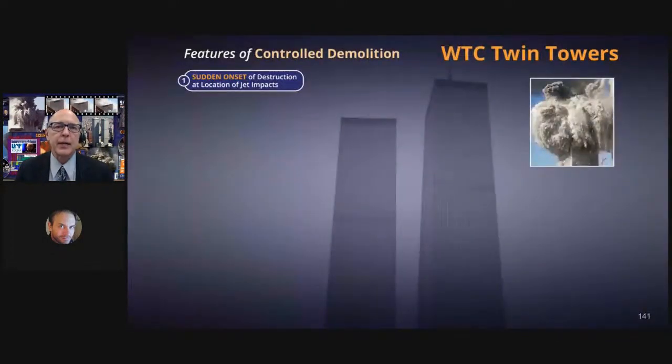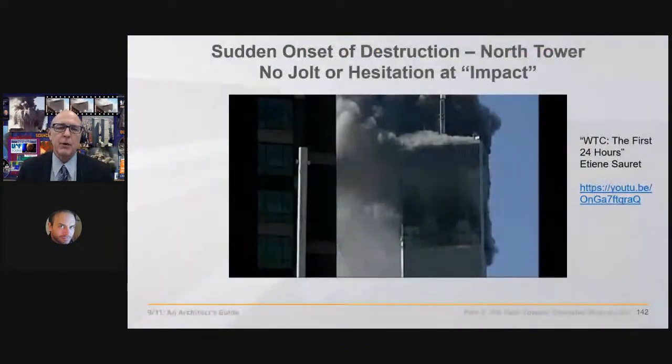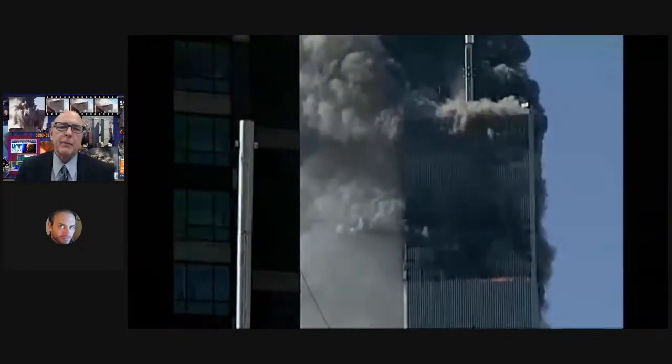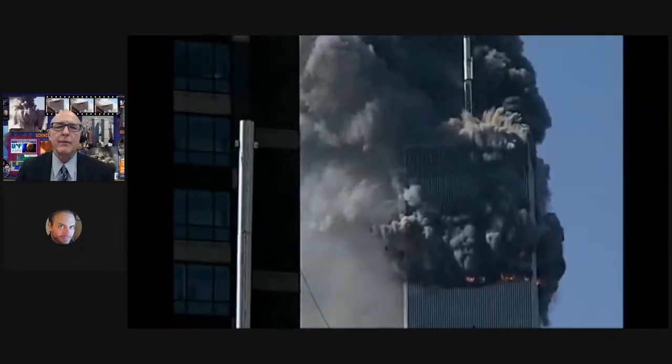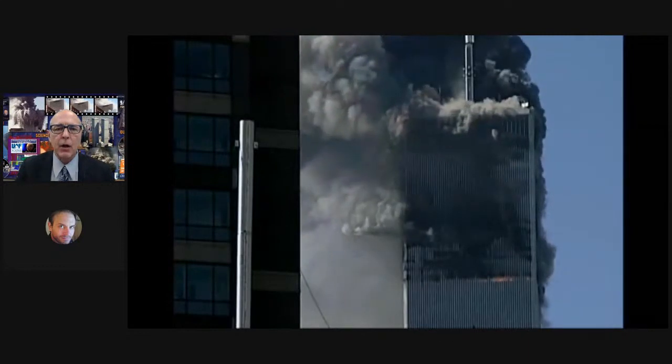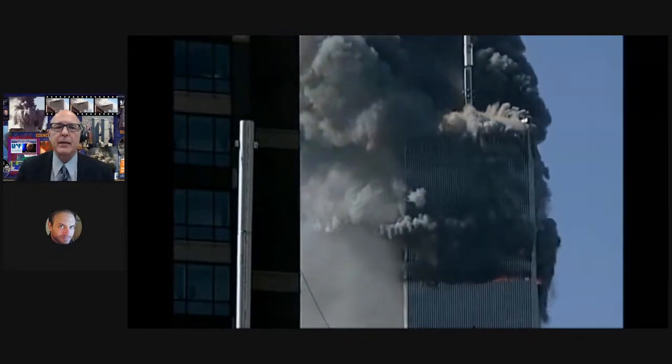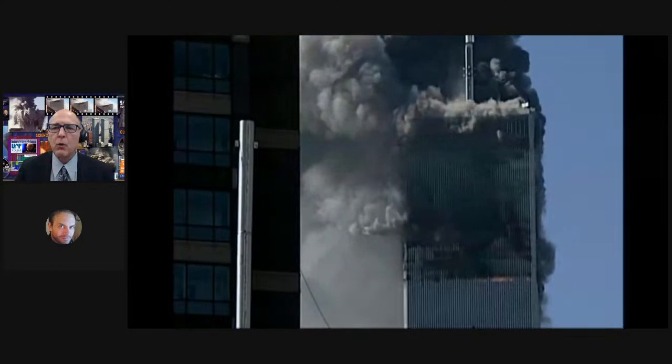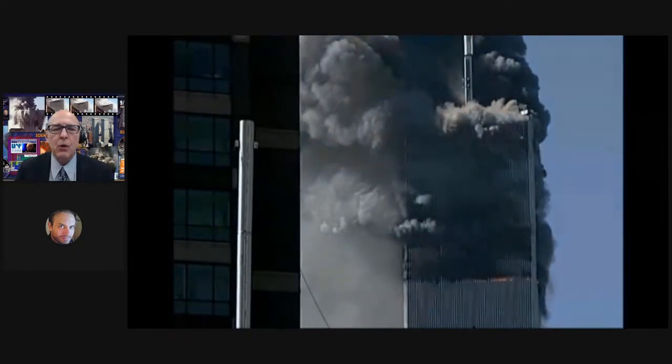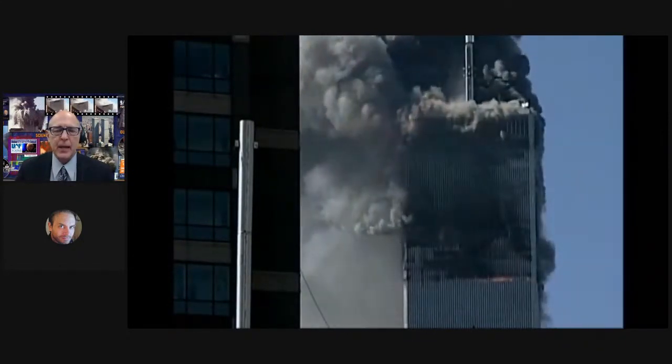Is there a sudden onset of destruction? Well, starting with the North Tower, again, the antenna tells us, we have the building standing still, and then all of a sudden, the building falls smoothly, suddenly, straight down. No jolt, no impact, no hesitation at all.